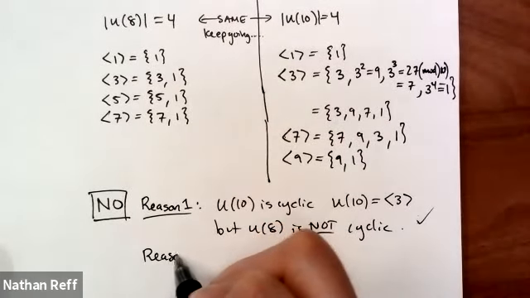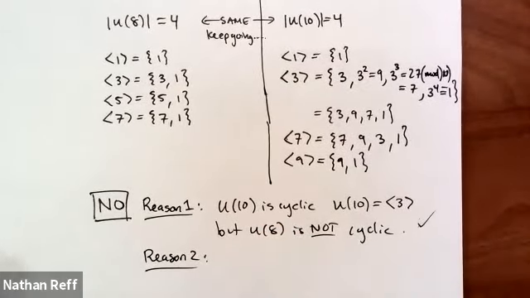Reason 2, anyone see some reason? Yes. Okay. So which could you say? Sorry? Yeah, there's subgroups of different orders.